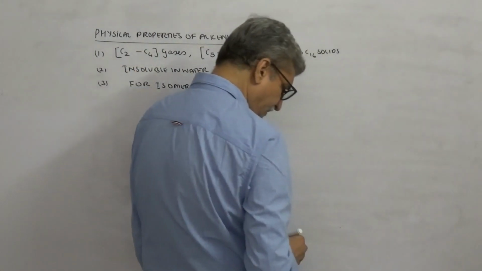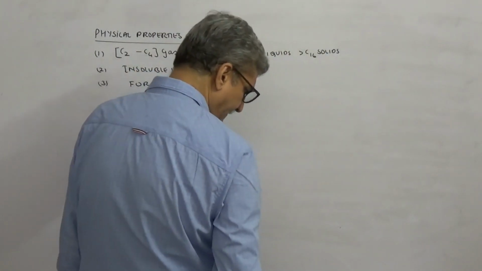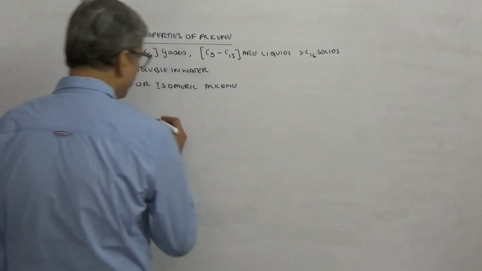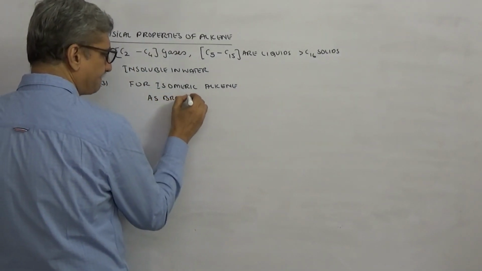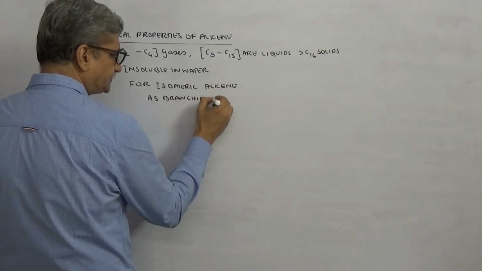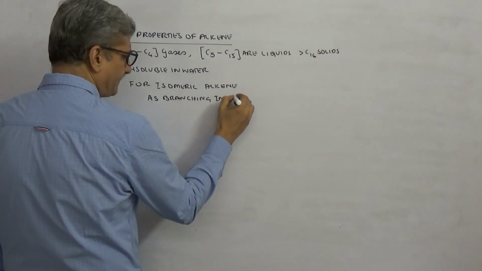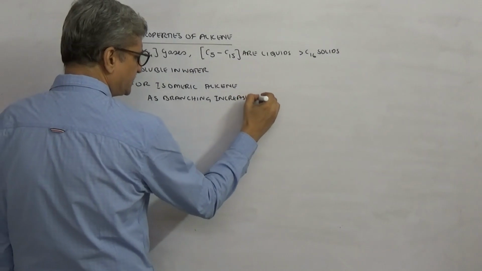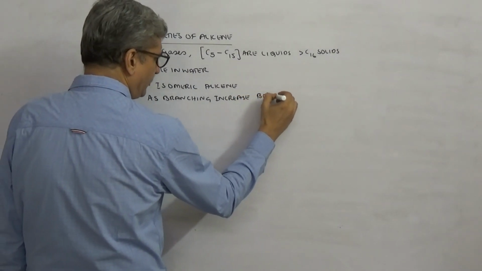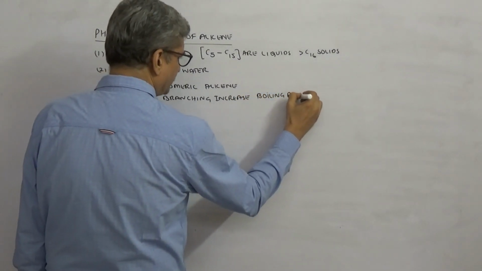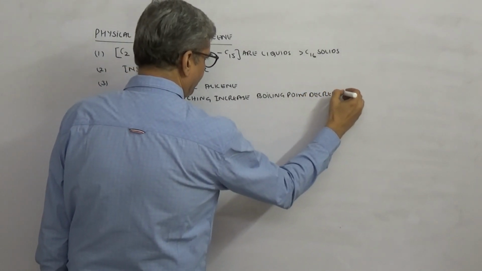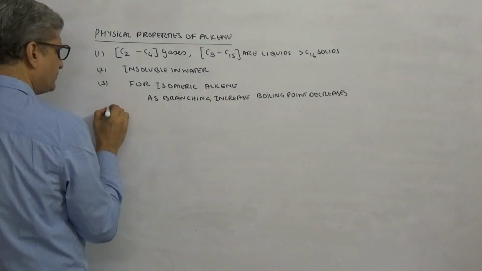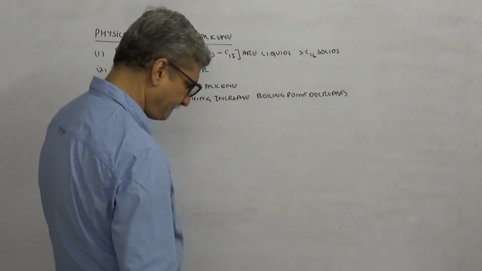As branching increases, boiling point decreases.